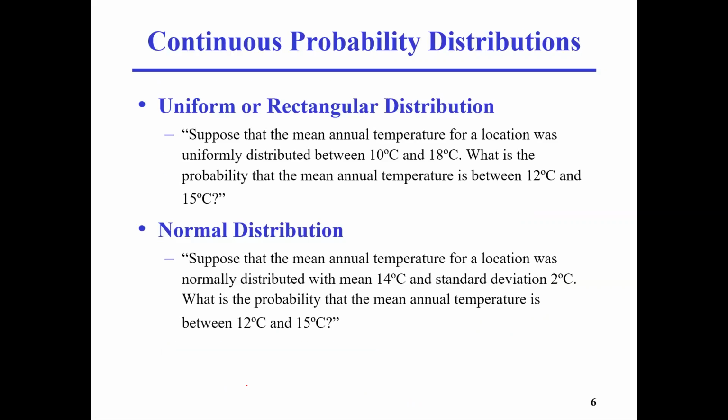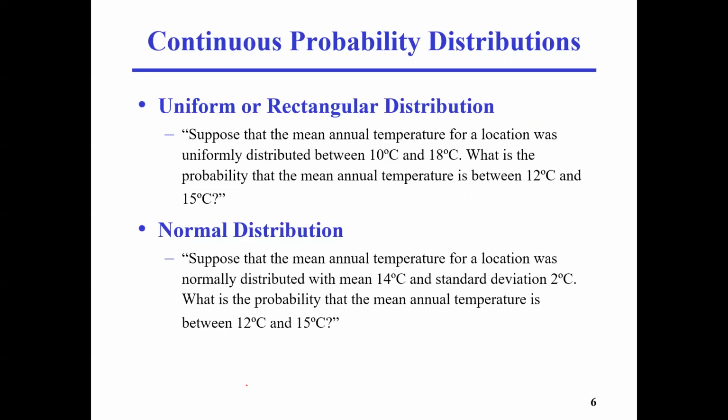Okay, let's continue. So next, I'm going to introduce two types of specific continuous probability distributions. The first is uniform or rectangular distribution. The second one is more important. It's the most widely used distribution for continuous probability, which is normal distribution.